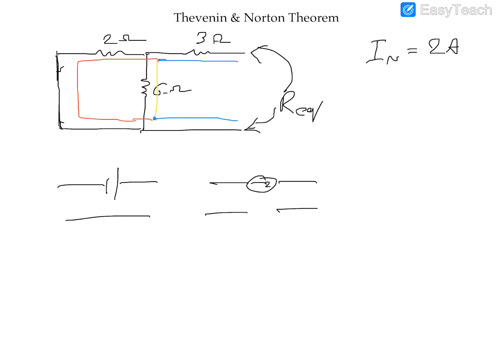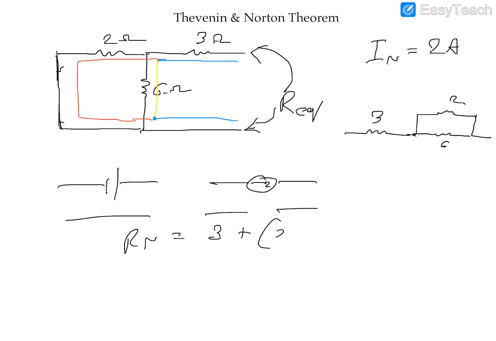So these resistors are in branches. If you drew the equivalent circuit, you would have your 3 ohm resistor, just follow the blue line, and you would have the current going through the 2 ohm resistor shown in red, and the current going through the 6 ohm resistor. So the equivalent resistance, or Norton's resistance, is equal to 3 plus 2 parallel 6.